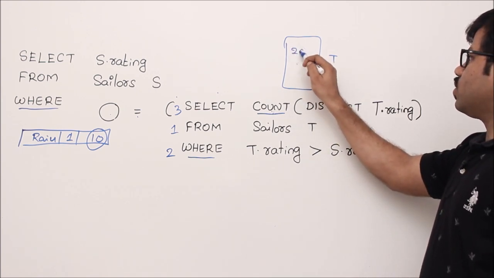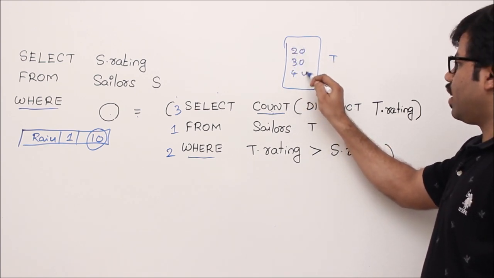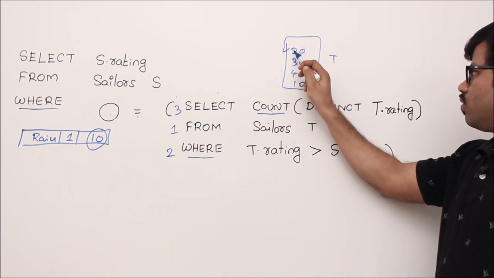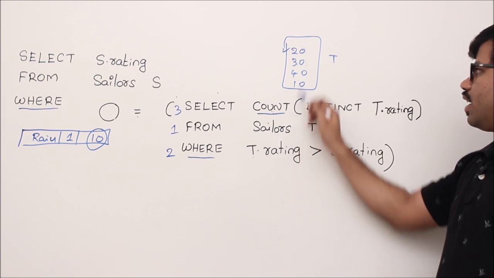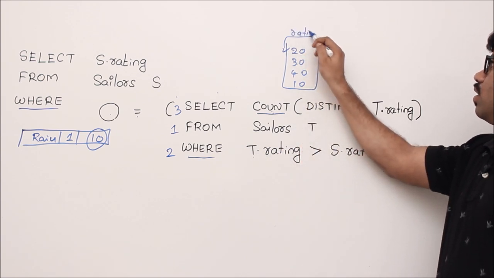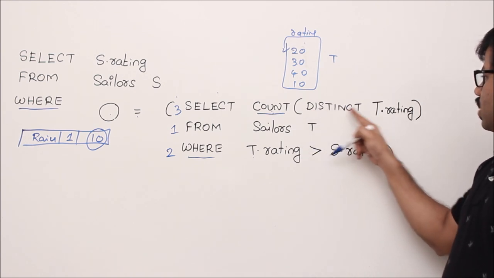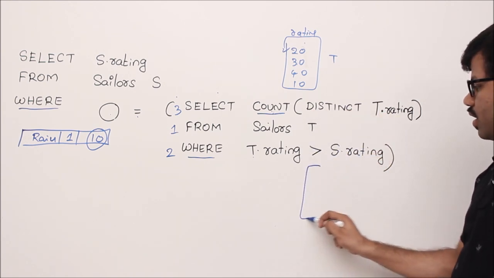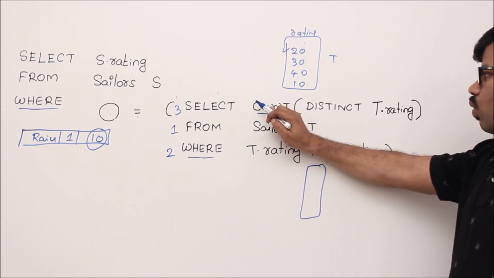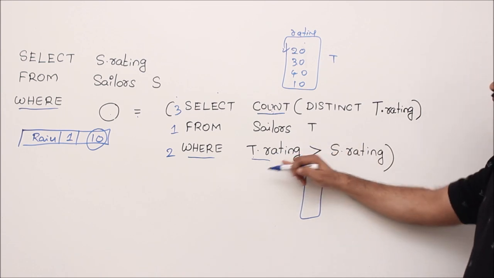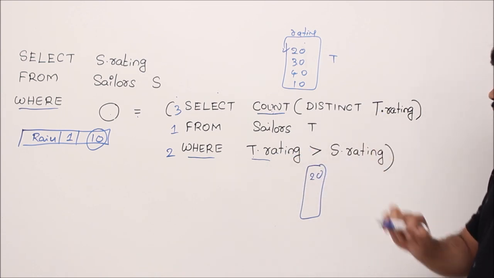Example, let's say the where condition T.rating greater than S.rating is evaluated multiple times, and we have ratings 20, 30, 40, 10 in the sailors. When you substitute the first T tuple, T.rating 20, 20 greater than 10 becomes true, so such a T.rating will be taken. We'll see the count and distinct parts later. When the condition is true, T.rating was 20, count it, remember it.